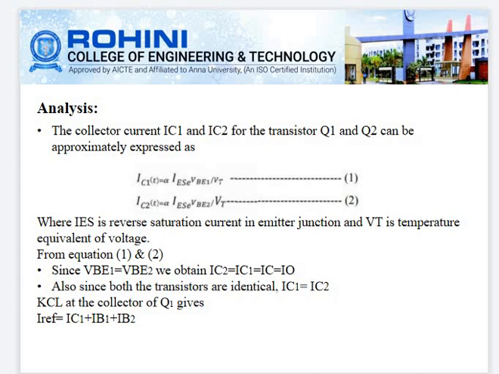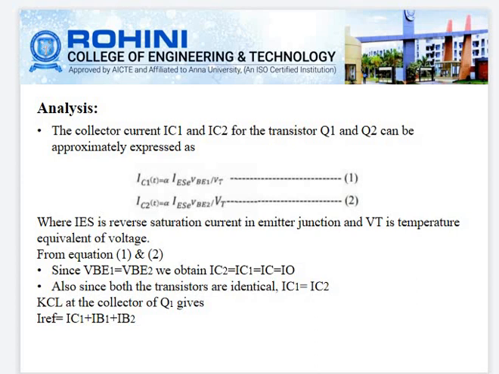IES is the reverse saturation current in emitter junction and VT is the volt equivalent of temperature. From equations 1 and 2, VBE1 equal to VBE2. So we obtain IC2 equal to IC1 equal to IC equal to I0. Both the transistors are identical, so IC1 equal to IC2.